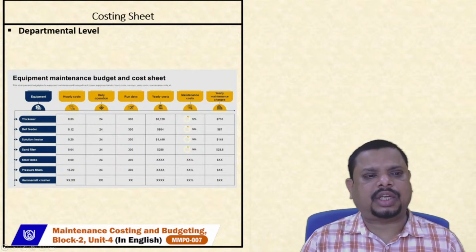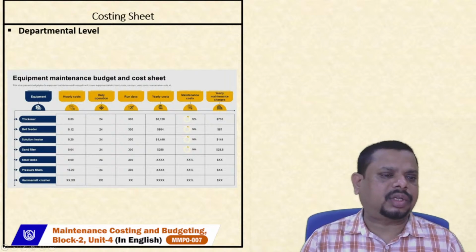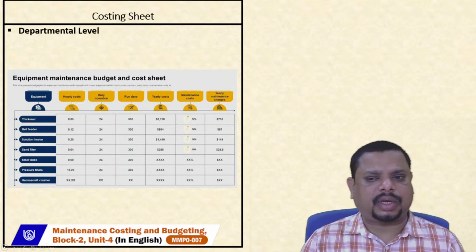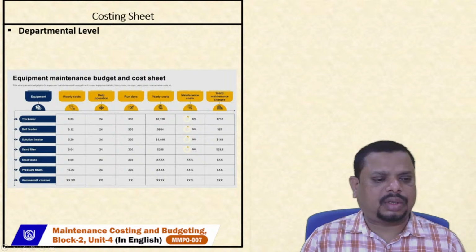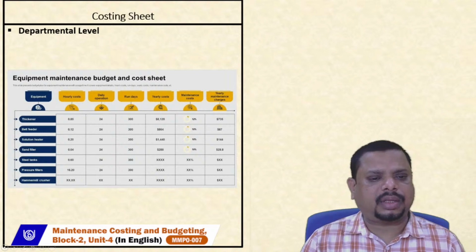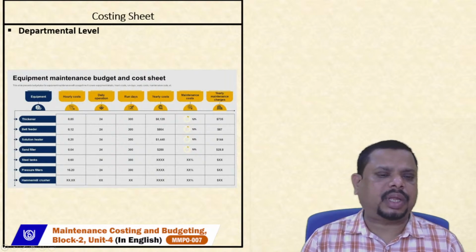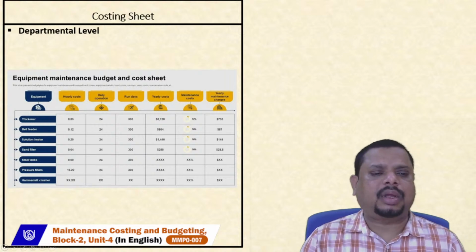Similarly, if you take the example of the electrical department, in case of equipment, we will directly provide motors, winders, belt drives. The next one is motor covers. The next is lubricant. The next important part is windings. These are, or maybe, blowers, and their hourly cost, daily operations, run days, then yearly cost, maintenance cost, and yearly maintenance charges should be clearly given.